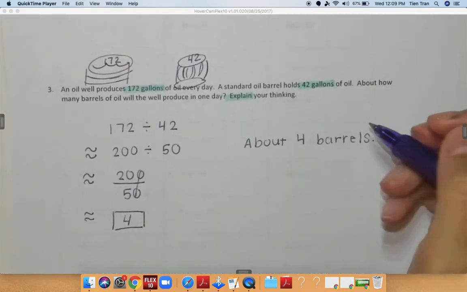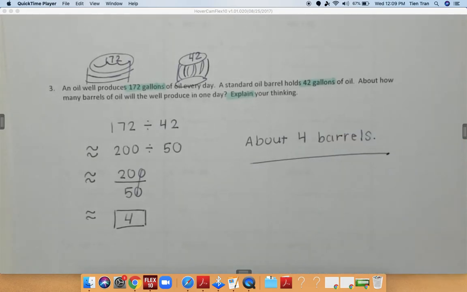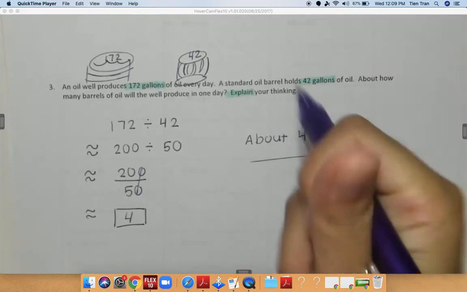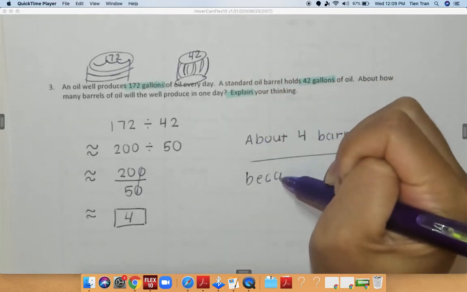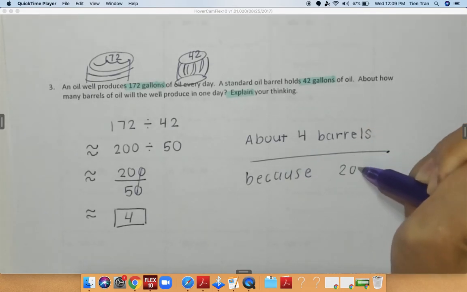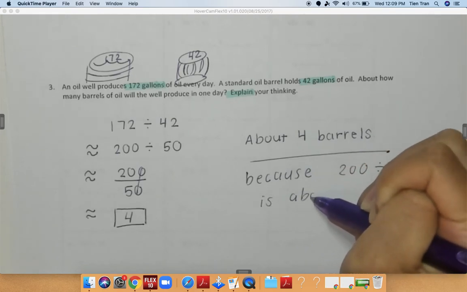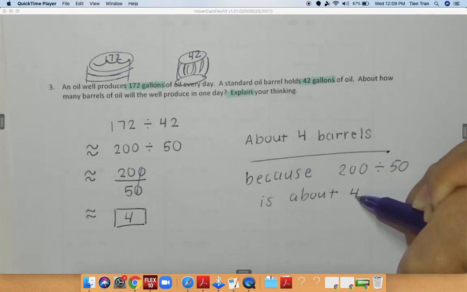Okay, so there's about 4 barrels that you can actually produce in one day. About 4 barrels because 200 divided by 50 is about 4.